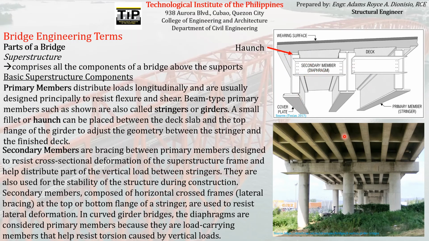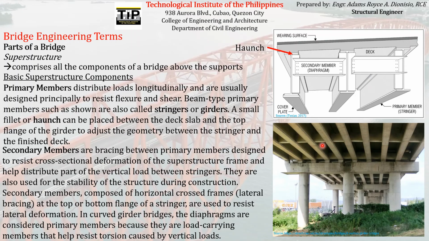Or if you look at this actual picture, these are the secondary member or diaphragm. Their main purpose is to resist lateral deformation or lateral loads, and they are also used to add additional stability to the whole structure during construction. So that is the secondary members.